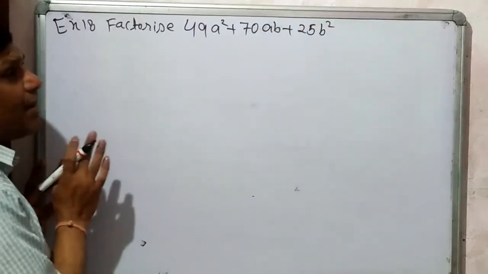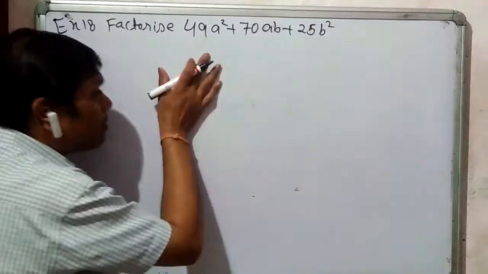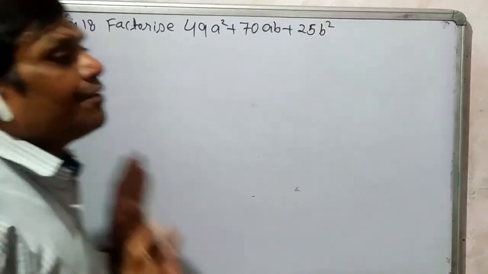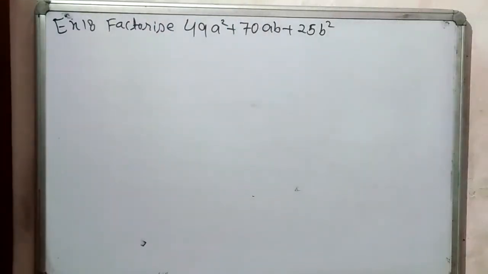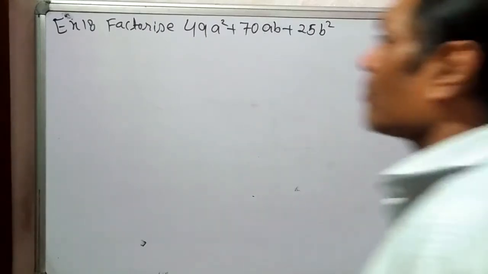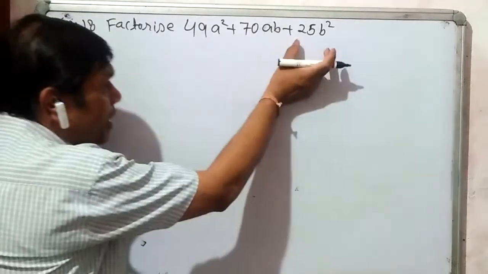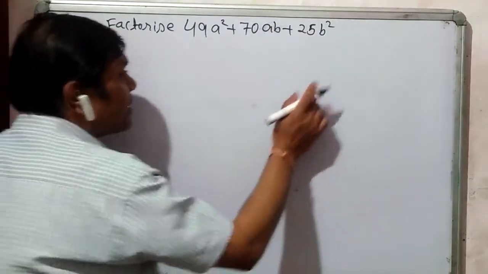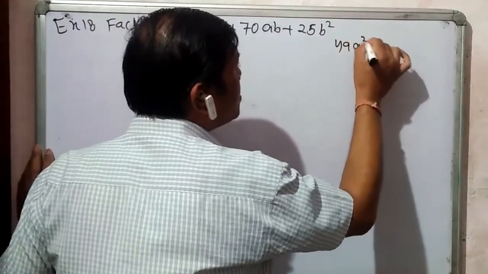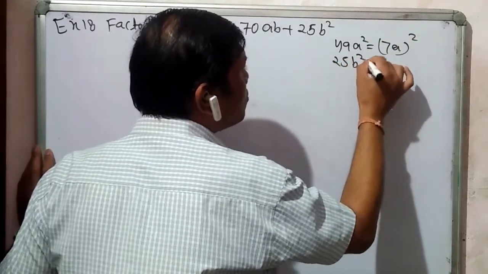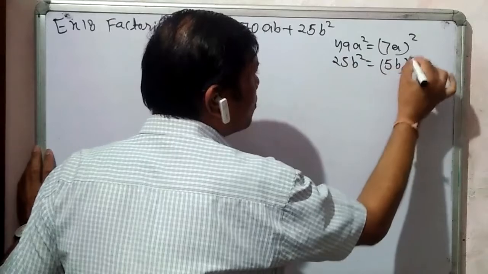Now the first thing that we identify is there are three terms in it, which are in the first, second and fourth identity. In the third identity there were only two terms, x square minus y square. Here there are three terms. Out of these three terms, 49a square and 25b square, are they perfect squares? 49a square is (7a) whole square. 25b square is (5b) whole square.